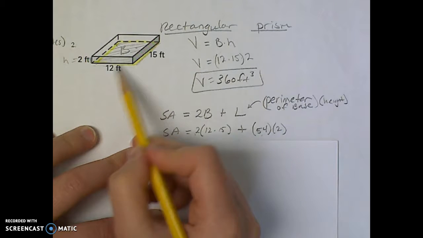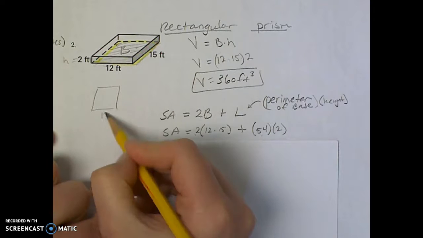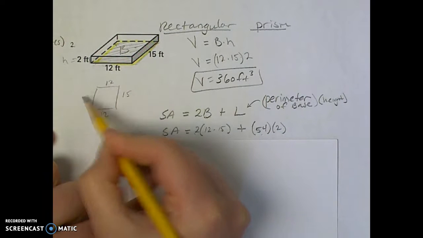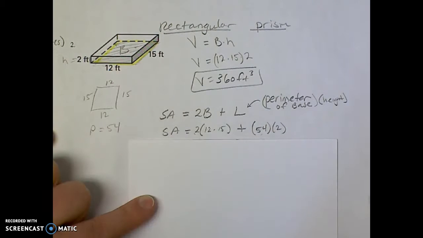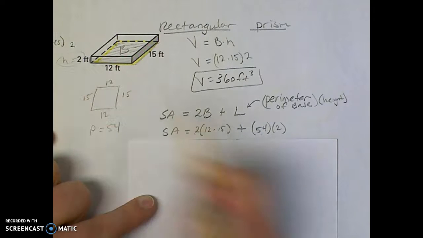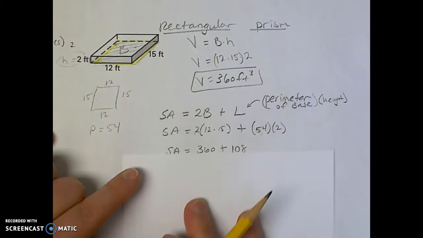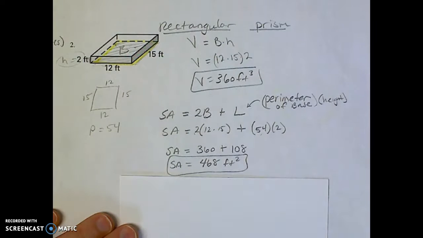The perimeter of the base, if you want to draw that out, that rectangle is going to look like 12, 15, 12, 15. So perimeter is 54. And the height of this whole prism is still 2. We multiply all that out and simplify for a total surface area of 468 square feet.